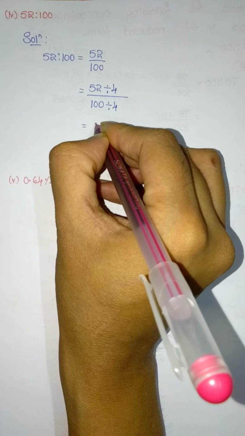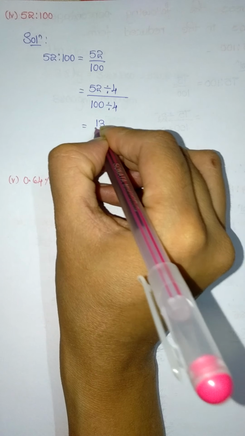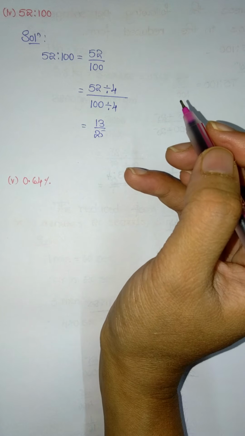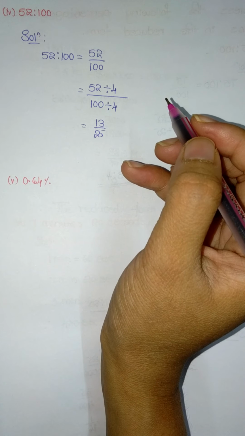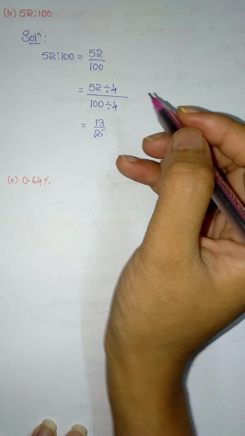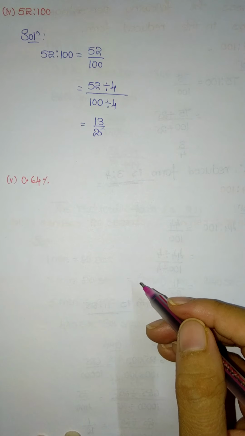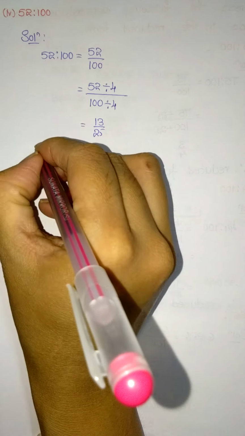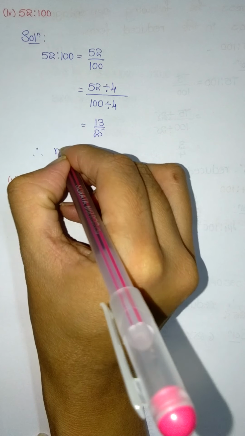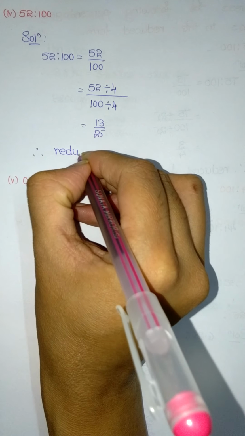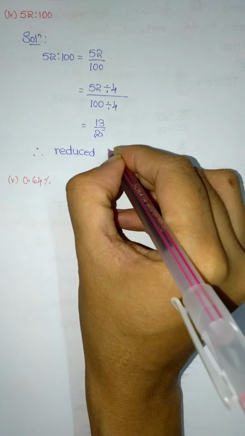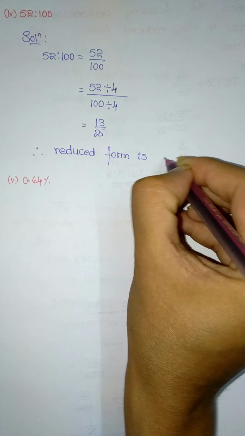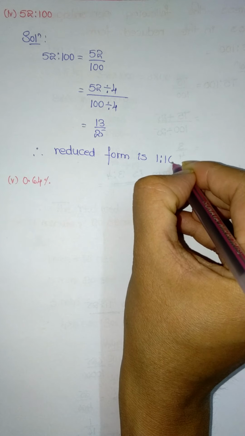So here it gives 13 by 25. We cannot divide this 13 and 25 or simplify this further. So 13 by 25 को simplify नहीं कर सकते. So keep it as it is. So therefore reduced form is 1 raised to 60.